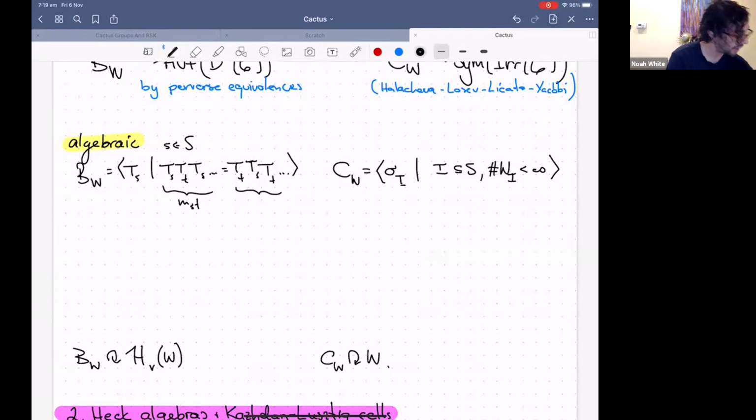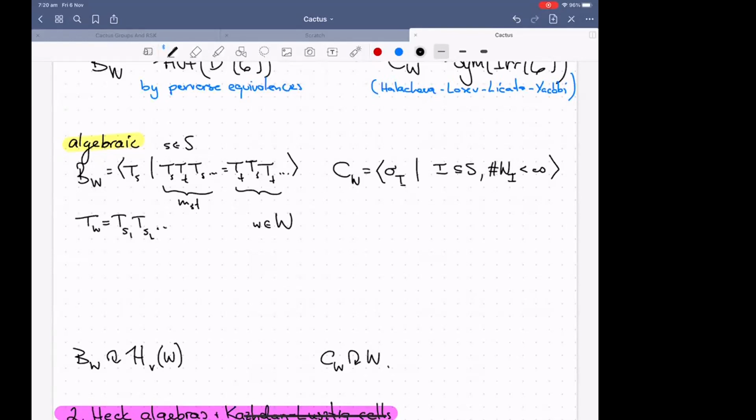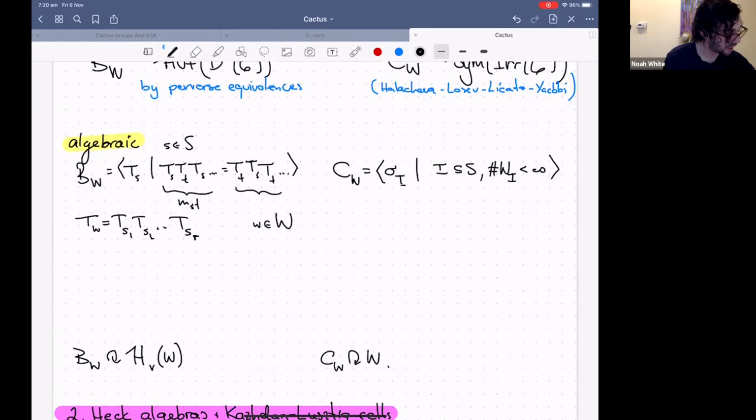Then we have the elements T_w for w in the Coxeter group, where we write this as T_s1, T_s2, if you can write w in some reduced way in terms of these generators.